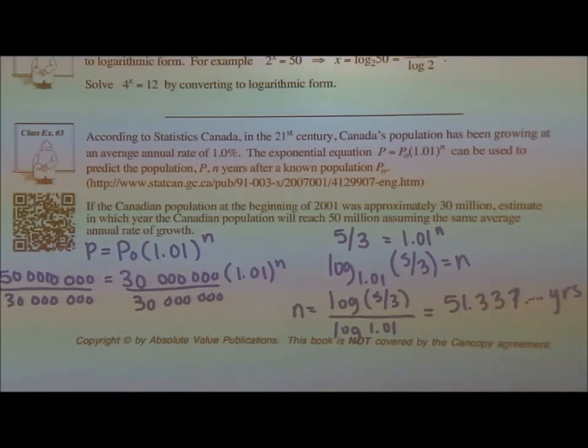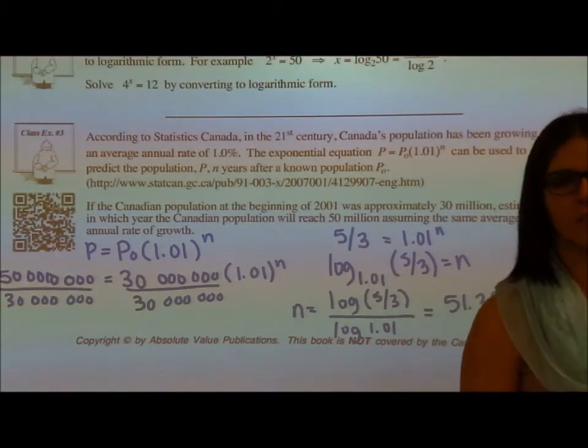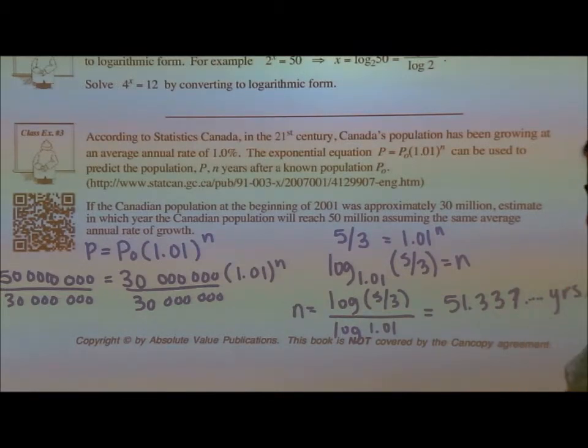So in what year, assuming that in 2001, is the population going to hit 50 million? 2053, maybe? Because wouldn't you have to round that up? Okay, so it's a little bit trickier because how many days do I have in a year? I have 365 days. So does the population go from 40 million to 42 million like that?